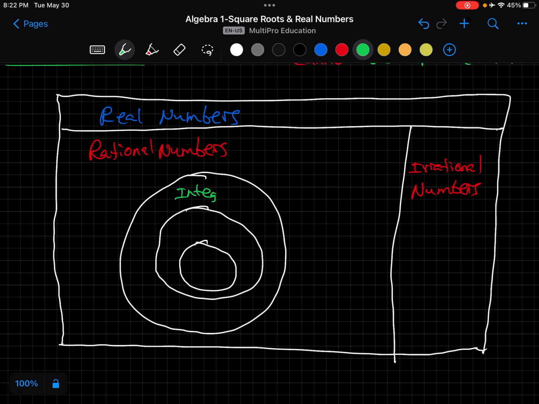We can have integers. We can have whole numbers. And we can have natural numbers.